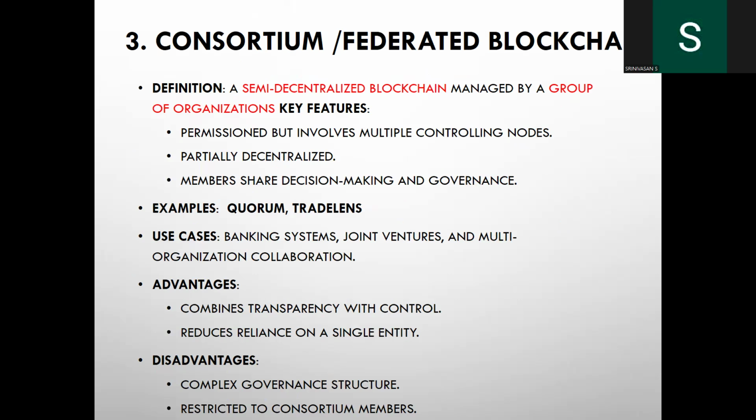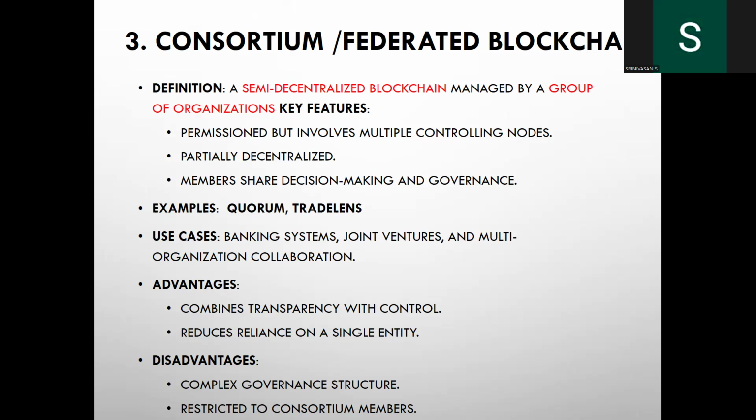So here, it is partially decentralized, and all the decision making is shared among the group of organizations. Examples for this kind of blockchain are Quorum and TradeLens. We use this kind of blockchains in banking applications and collaboration-centric applications.